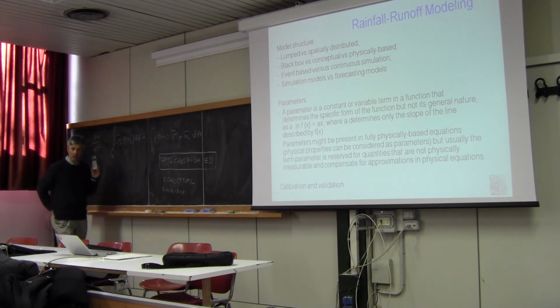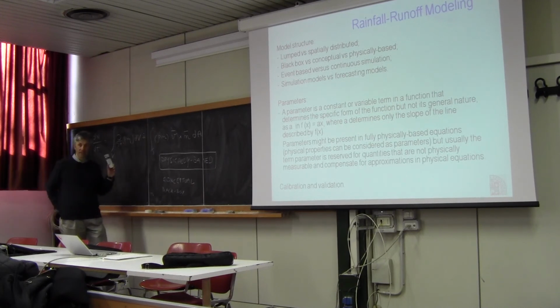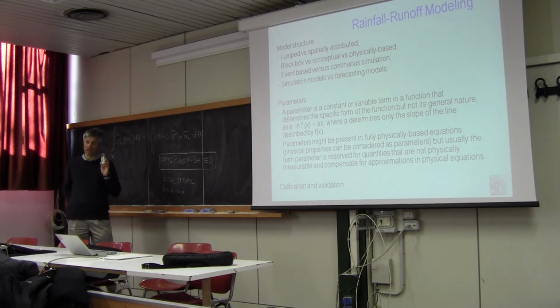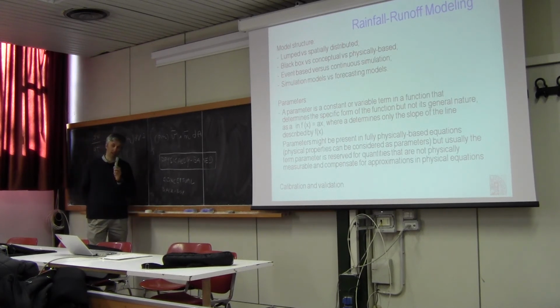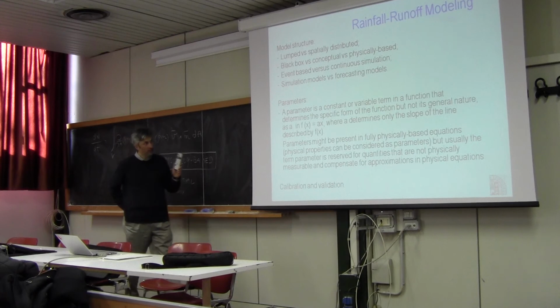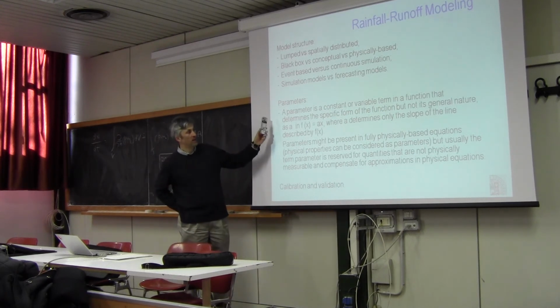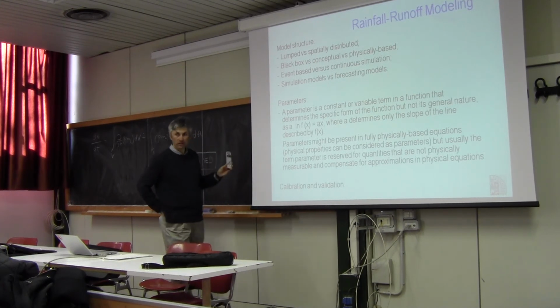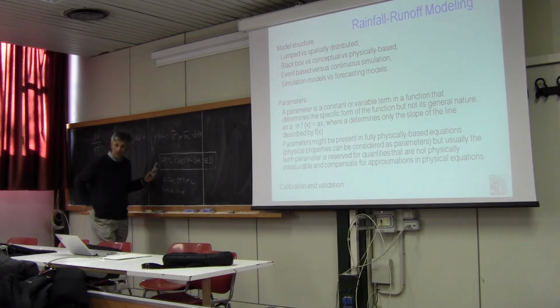Now, all these equations contain parameters. What are the parameters? You can read here that a parameter is a constant or variable term in these equations, no matter if they are physically based or conceptual or black box, in any case you have parameters.